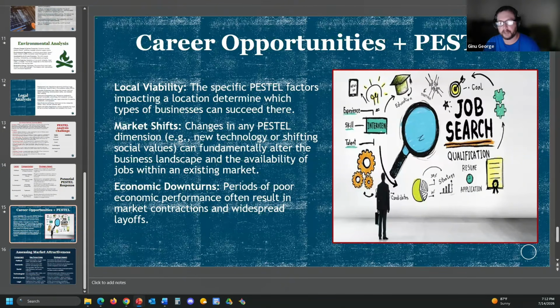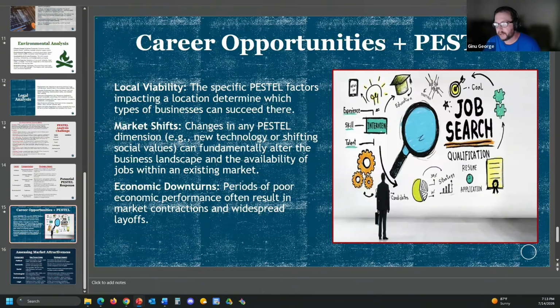If a state has strict environmental regulation but a lot of green subsidies, it becomes a real hotbed for clean tech engineering jobs. When PESTEL dimensions shift, like with new technology disrupting an industry, entire job categories can vanish. Brand new ones are born, right?